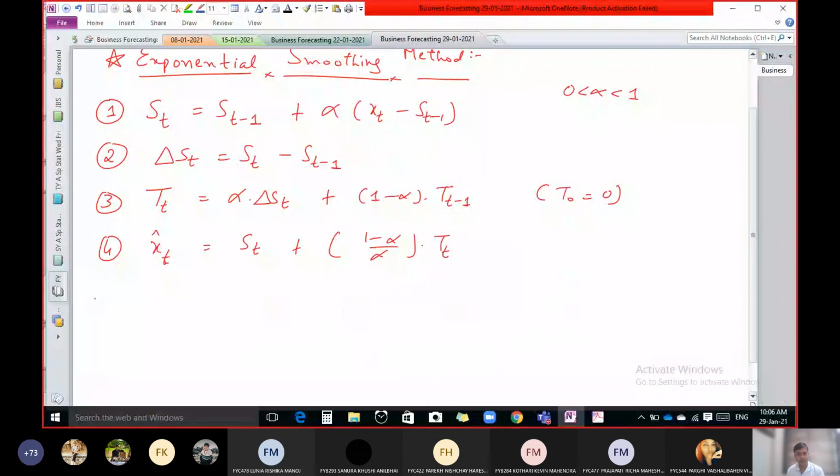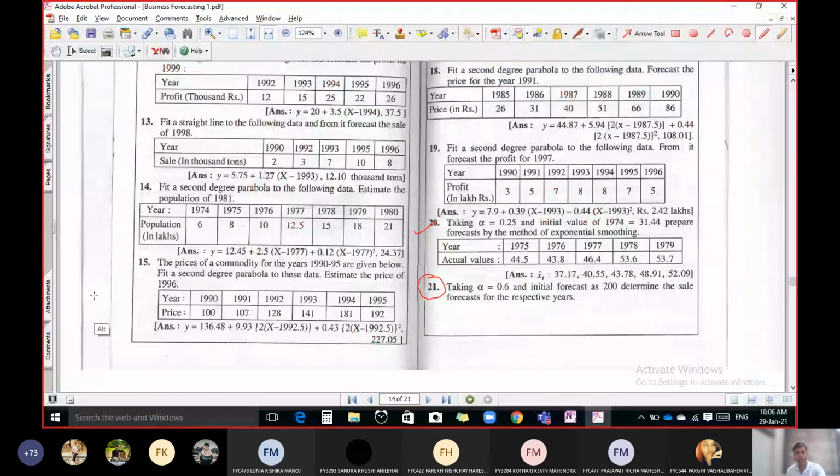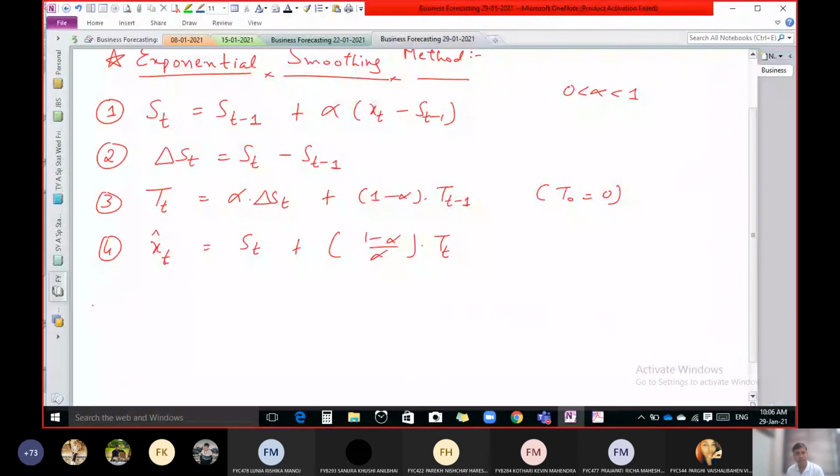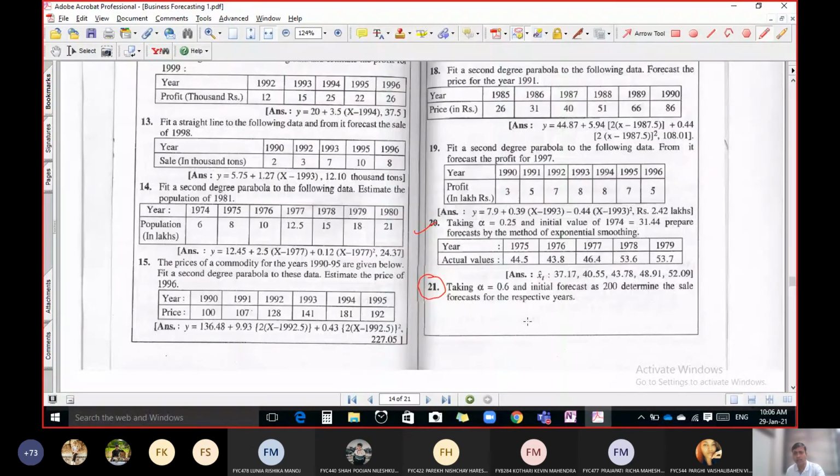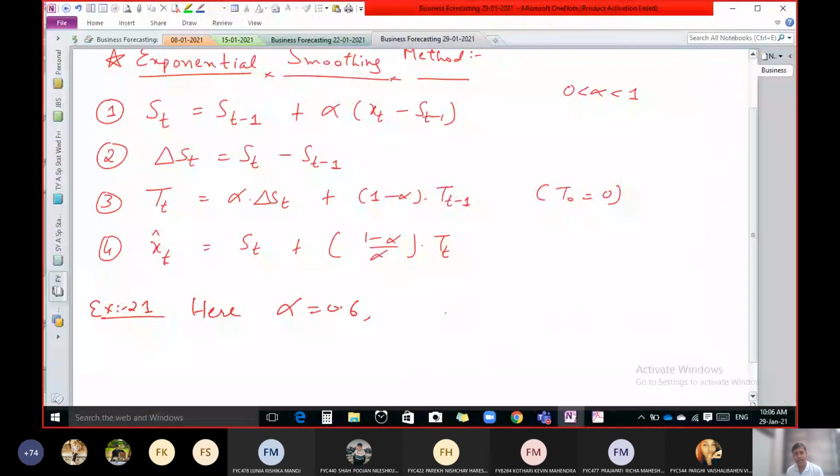Now question number 21. Here alpha is 0.6 and the initial forecast is 200, which is denoted by S0. Initial forecast is denoted by S0.